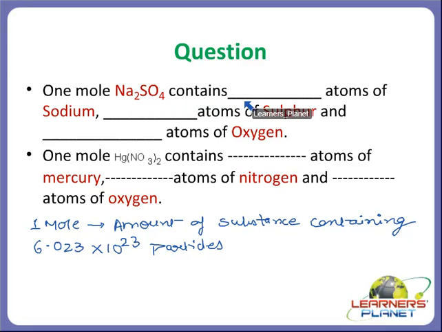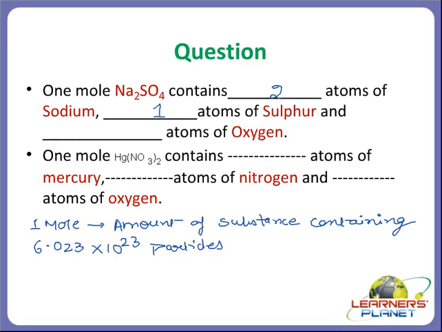Clear? So, this 1 mole of sodium sulfate contains how many atoms of sodium, children? What is written here is 2, right? So I can write here, it has 2 atoms of sodium. Dash atoms of sulfur. How many atoms of sulfur are here? 1.